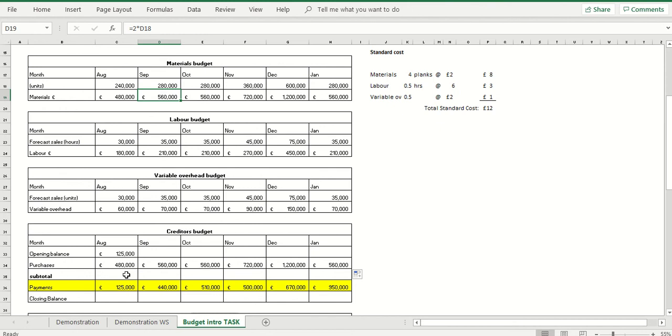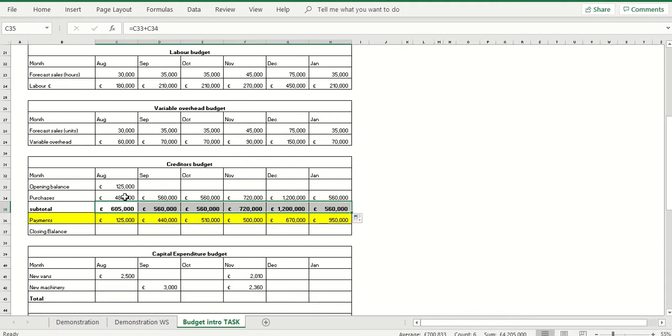The subtotal is simply calculated by saying your opening balance plus your purchases. That's your subtotal. So in other words, what we are saying with the subtotal is that we expect to start out the month of August by owing our suppliers £125,000.